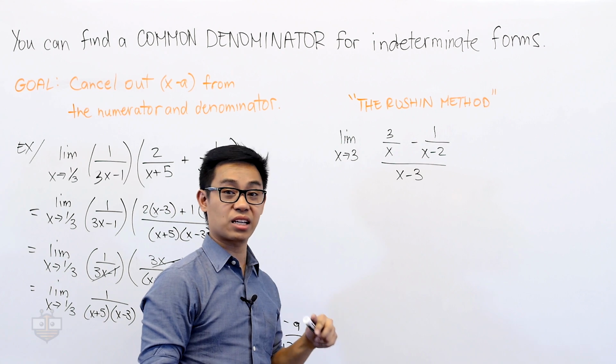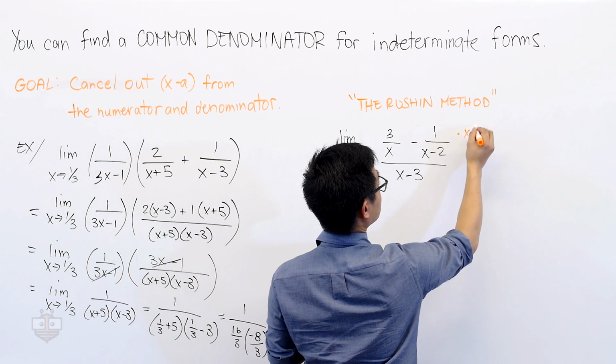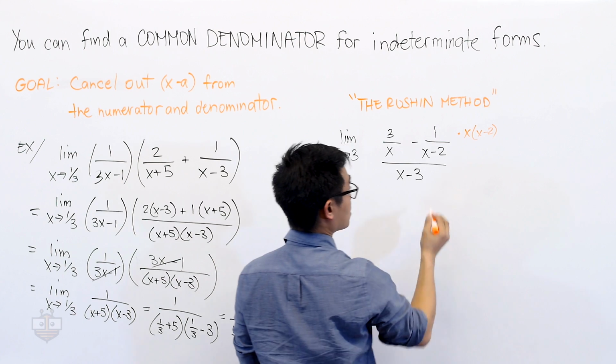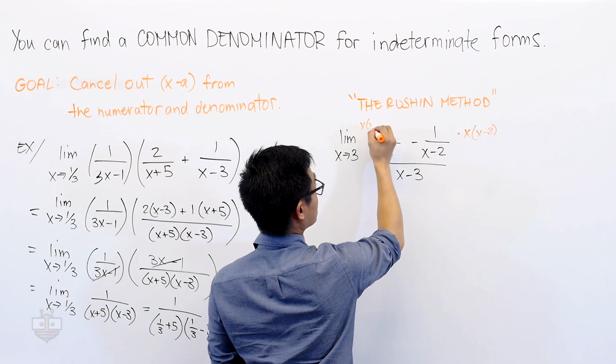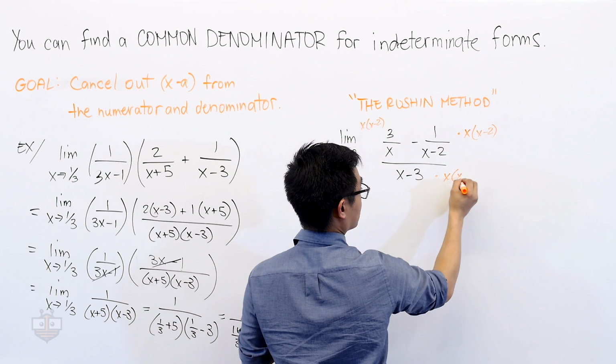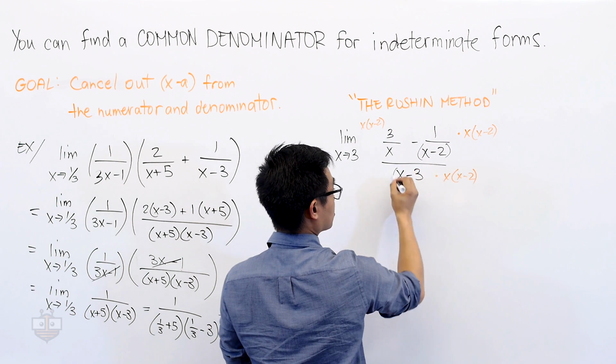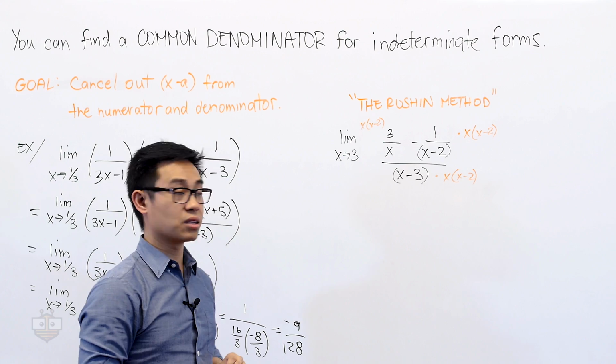It's x(x minus 2). So let's multiply every term by x(x minus 2). We'll do that to this term, this term, and this term. I'm also going to contain this in brackets so that we make fewer mistakes.